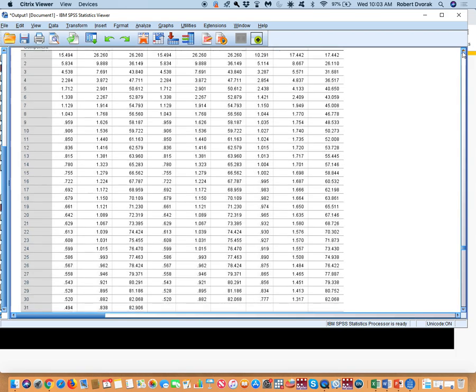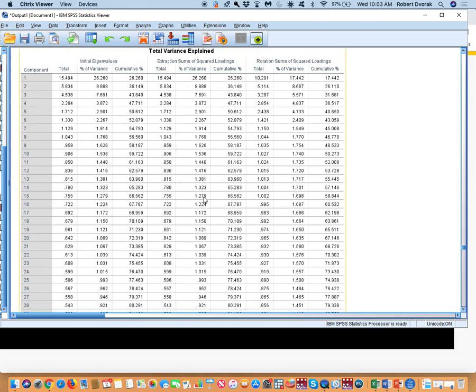So you can see before, we stopped here. We had an eigenvalue, and then the next one was 0.959. However, with our rotated factors, we wind up getting eigenvalues that stretch way down here when we allow an eigenvalue of 1.